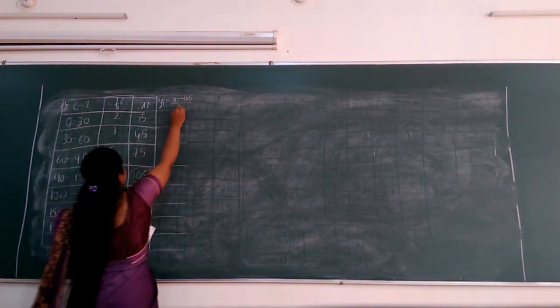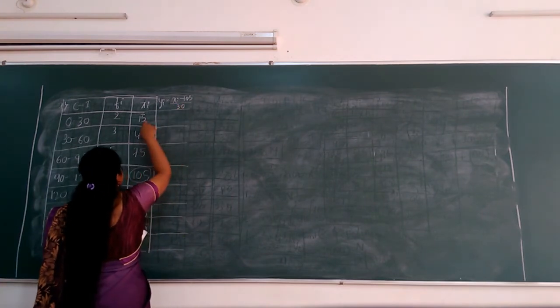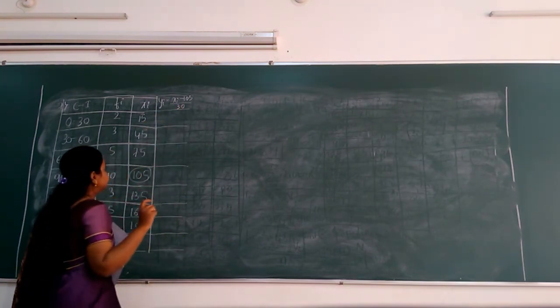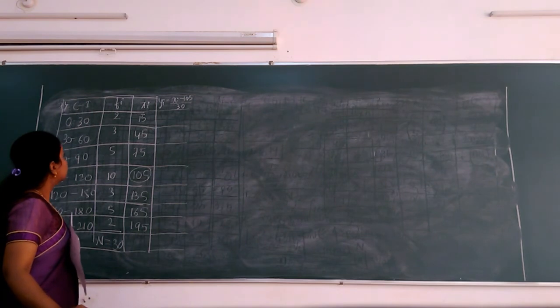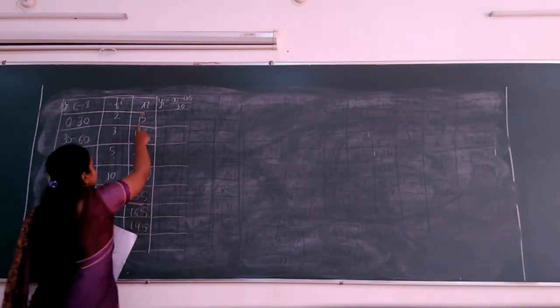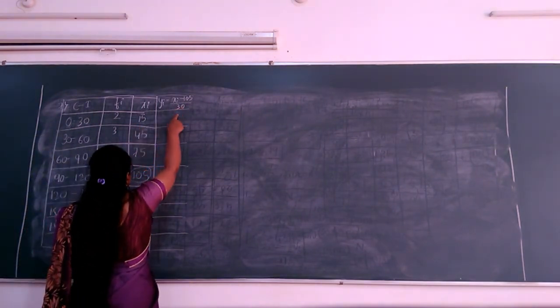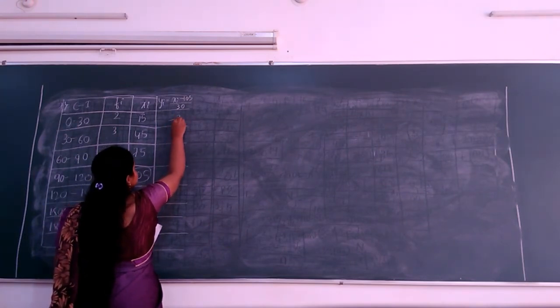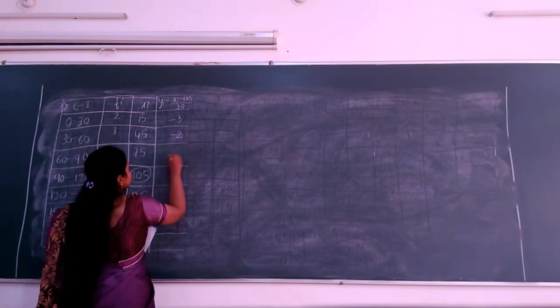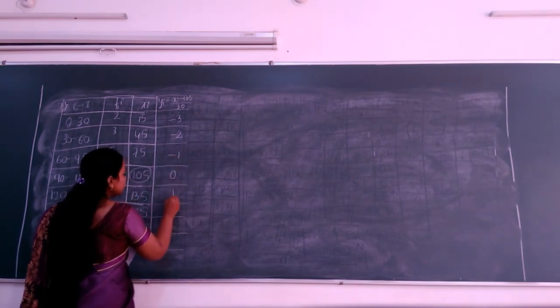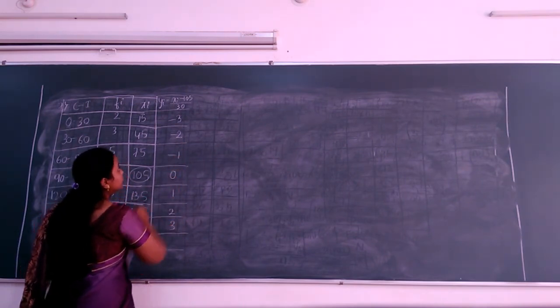What is the width here? It is 30. So now 15 minus 105 divided by 30 will give us the value minus 3. Here: minus 2, minus 1, 0, 1, 2, 3.